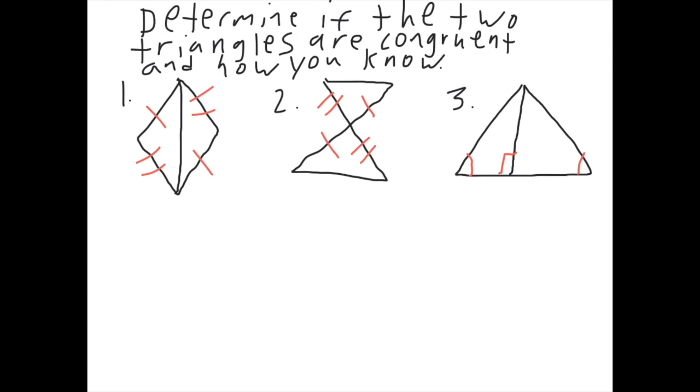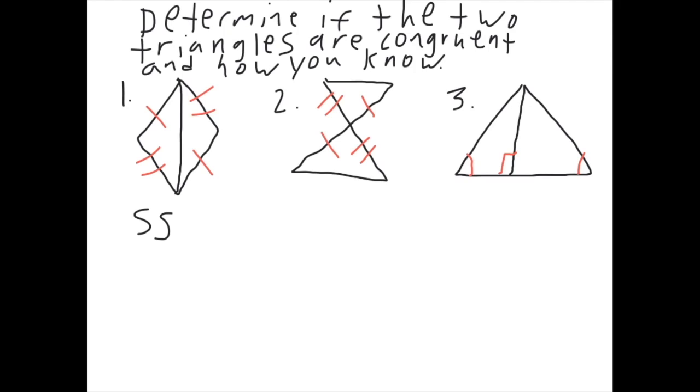Well, we have one side congruent to one side, so that'll give us a side, then second side congruent to a second side, so another side.